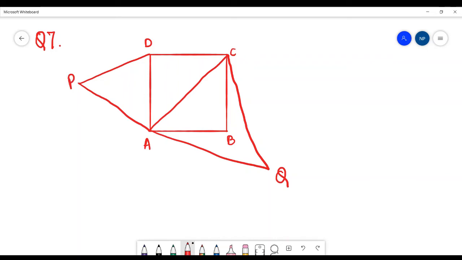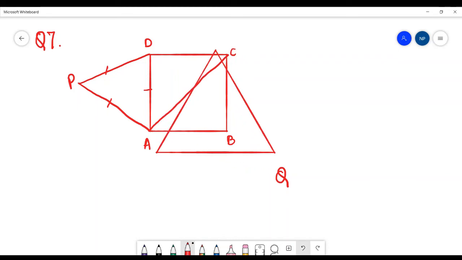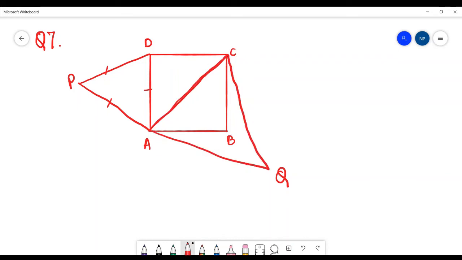So, we have a square. From one side of the square, an equilateral triangle has emerged, DPA. And then from this diagonal, another triangle has emerged. That is AQC.